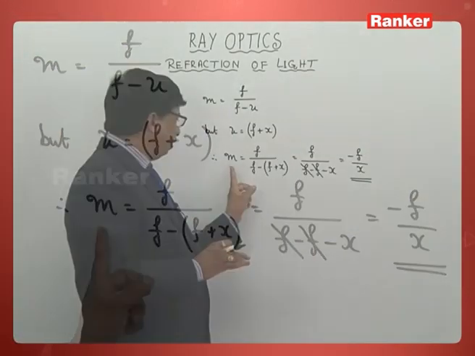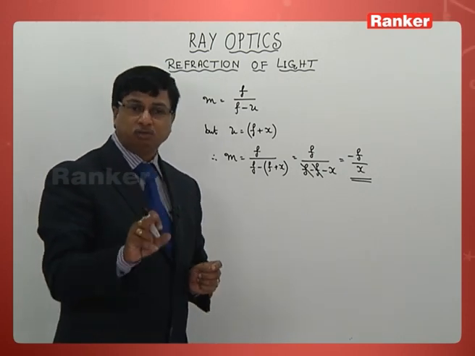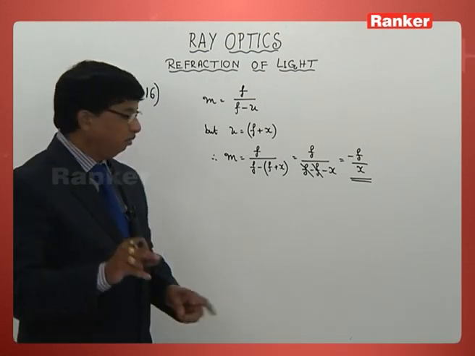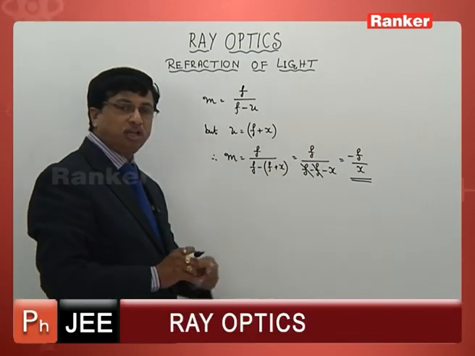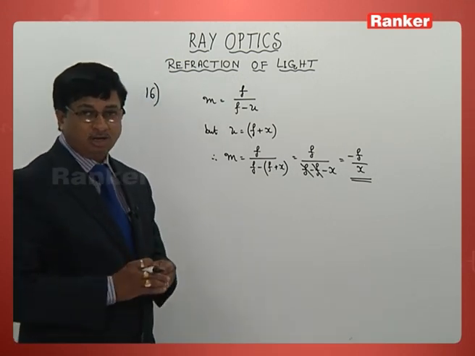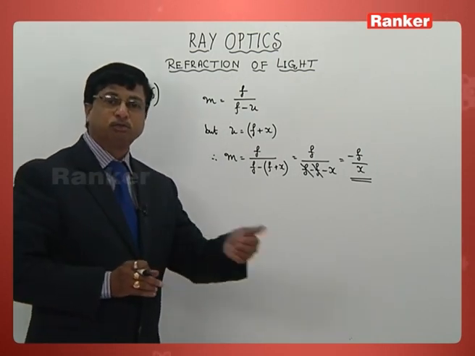That negative sign, as far as magnification is concerned, you all in fact know well: when the image formed there is real, magnification will be written with a negative sign. When the image formed there is virtual, then automatically we can write the magnification with a positive sign.